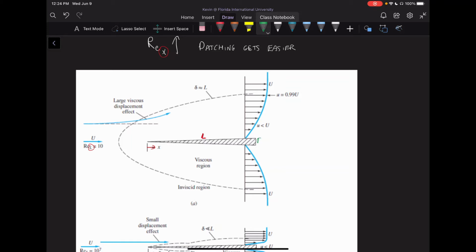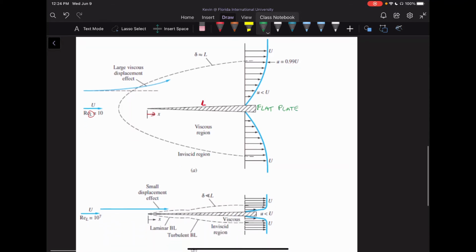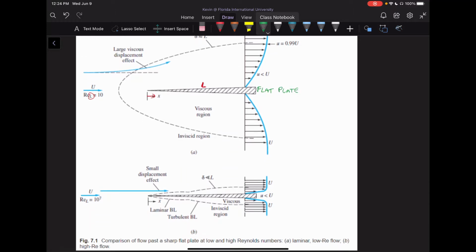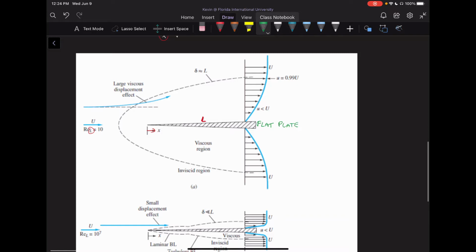So here in the figure, we have a flat plate. Okay, so this is what a flat plate actually looks like in our experimental test. When we have a very, very low Reynolds number, such as a Reynolds number of 10, so we have a very low velocity, a very viscous fluid, we see that our inviscid flow occurs at the outside of our flow.